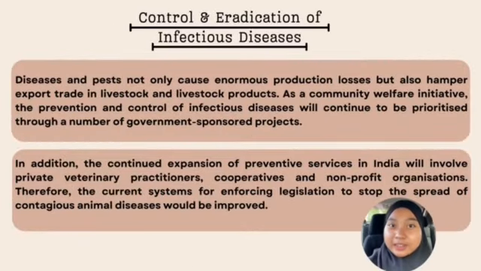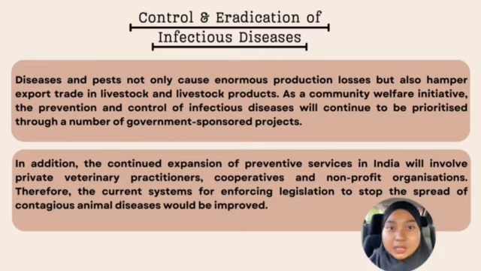Second, control and eradication of infectious diseases. Disease and pests not only cause enormous production losses but also hamper export trade in livestock and livestock products. As a community welfare initiative, the prevention and control of infectious disease will continue to be prioritized through a number of government-sponsored projects.